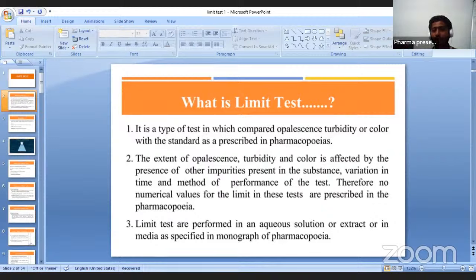So here, in chlorides, what are the various chemical reagents, the basic things we require? In chloride, we take 1 ml of our standard solution of chloride. It has been prepared as per the IP standards, in which we take 0.05845% of sodium chloride, 1 ml.